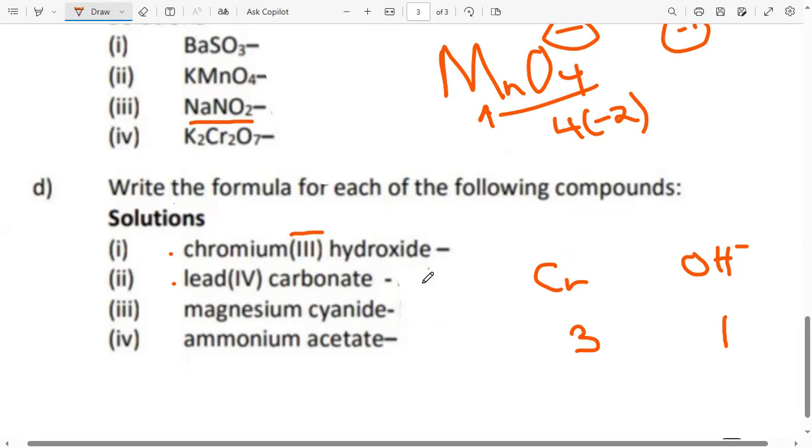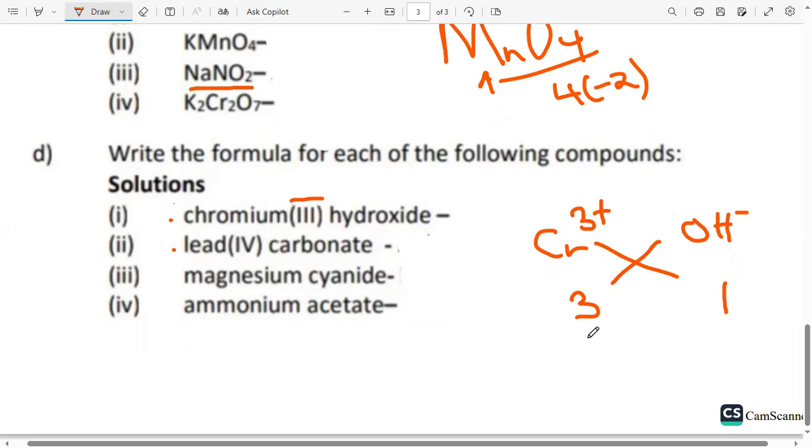If chromium is using a valence of 3, it means the charge there should be 3. So when you combine this element and this radical, we just do the cross multiplication. The 1 goes with the chromium, and the OH, which you put in brackets, goes with the 3, in order for the overall charge of this compound to be 0.